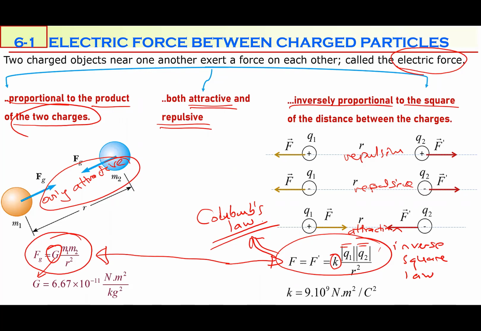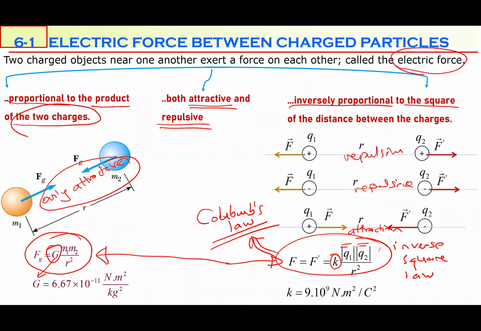His surname is given to this equation. So electrostatic force between two charges can be calculated by the equation K Q1 Q2 divided by r squared, very similar to gravitational attraction between two masses, which is capital G m1 times m2 divided by r squared. All right, now let's continue.